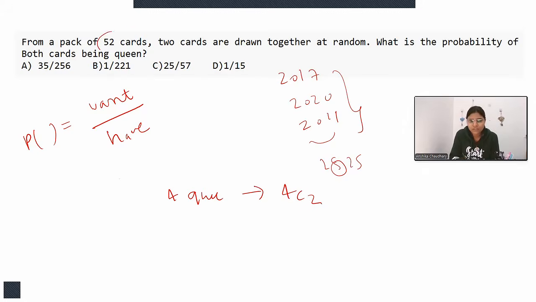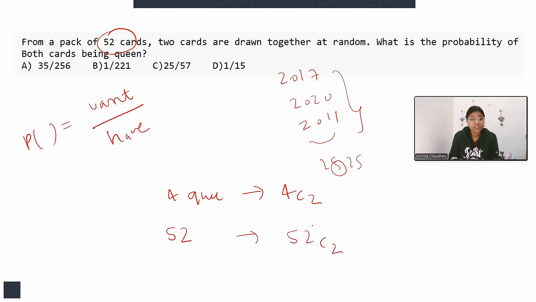And we have 52 cards in total, and when we draw two cards, it would be 52C2.